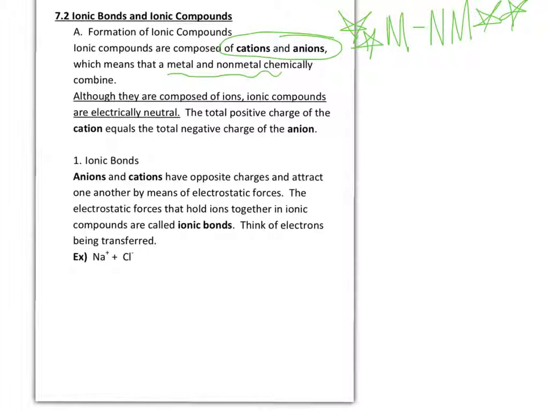So because of that, even though they're composed of ions, because you have a positive ion and a negative ion, that means that the overall charge is neutral in an ionic compound. So anions and cations have opposite charges and will attract one another by what we call electrostatic forces. And what those do is they hold the ions together, and that is what is called an ionic bond.